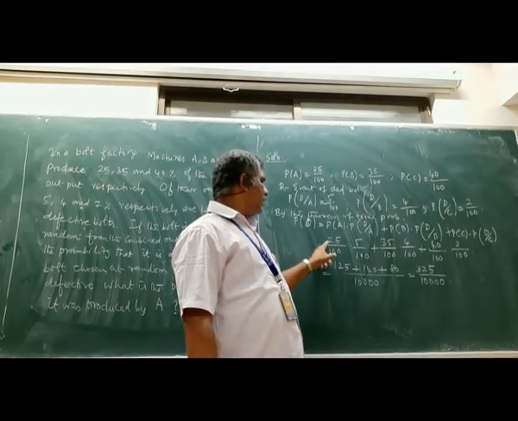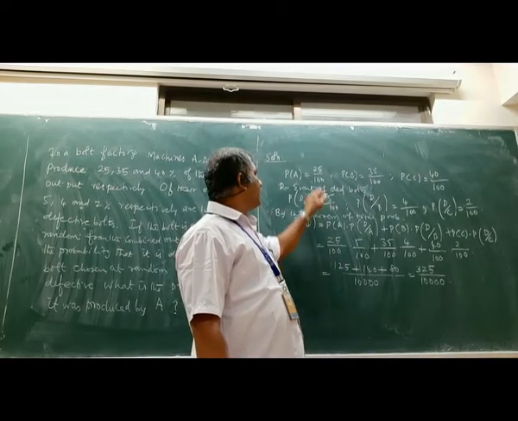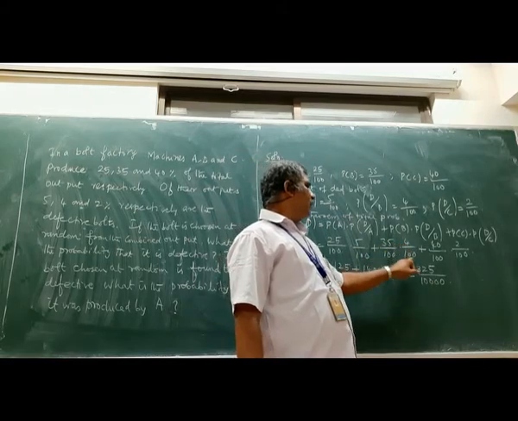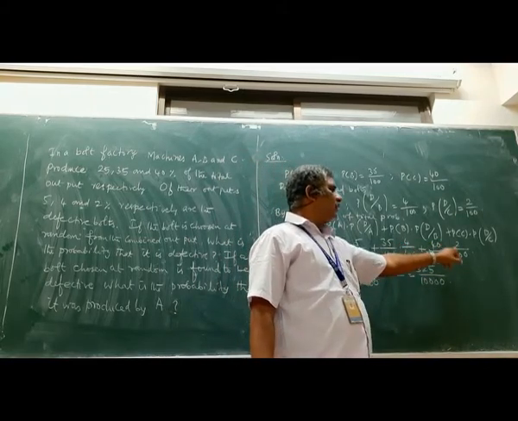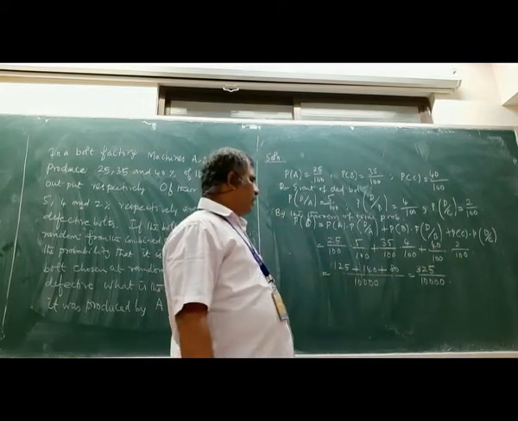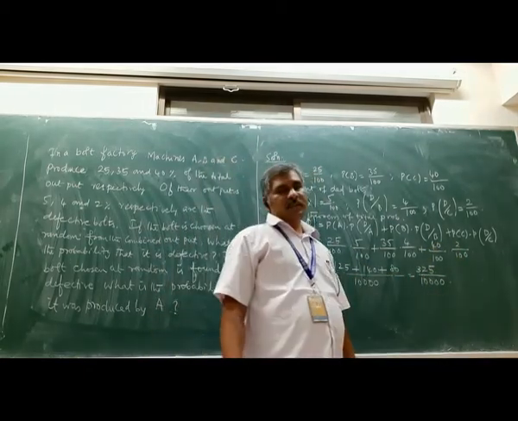You will get 25 by 100 into 5 by 100, plus 35 by 100 into 4 by 100, plus 40 by 100 into 2 by 100. Applying all the values in the formula, you will get 325 by 10,000.